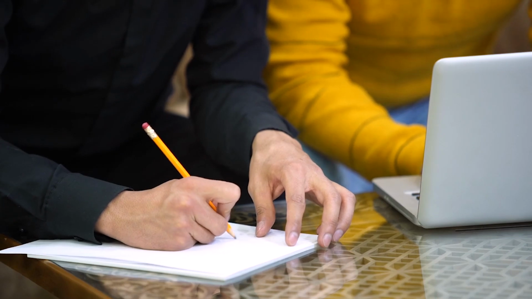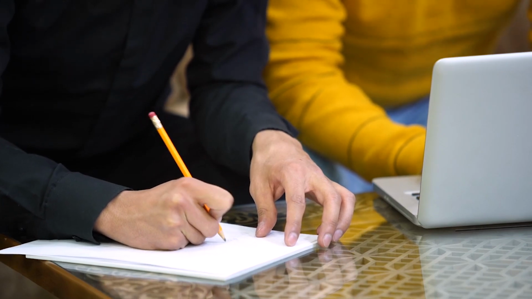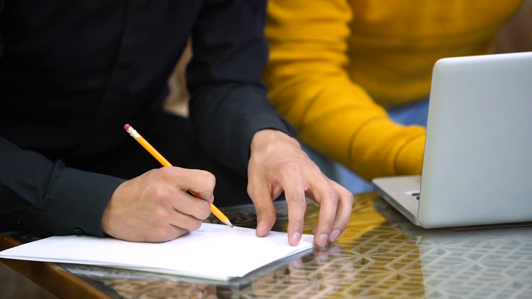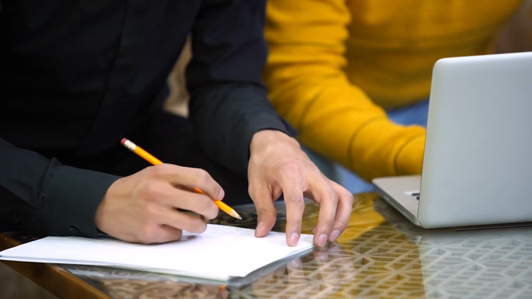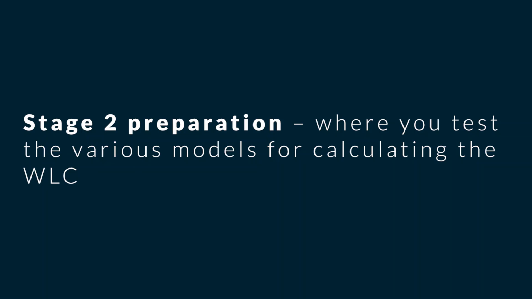So once you know the reason why we need to do these total costs of ownership or of the cycle, then the next stage, stage 2, is preparing the various cost models that you're going to use.